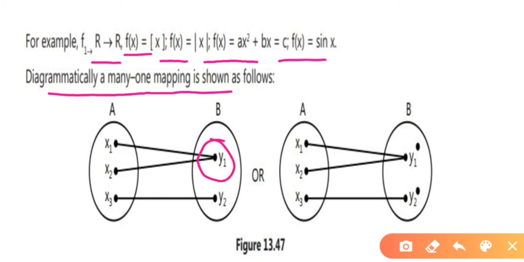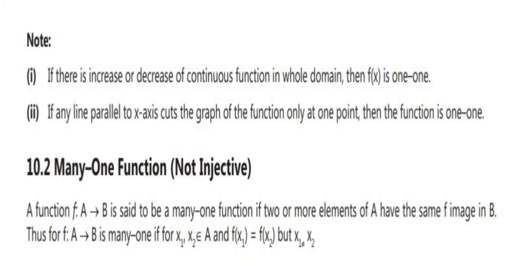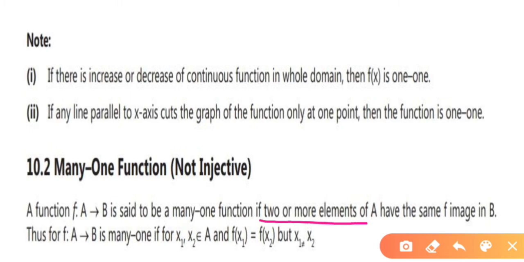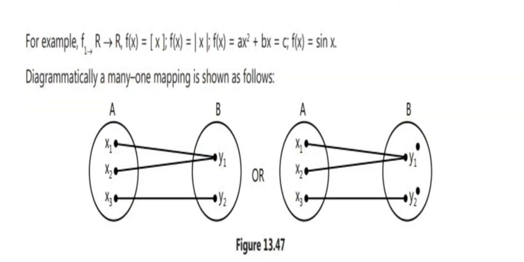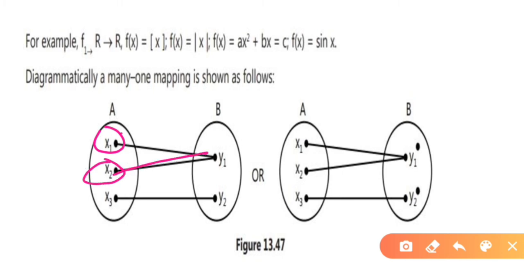What does our definition define here? A function f from A to B is said to be many-one function if two or more elements of A have same f image in B. Two or more elements which have the same image, there should be a common image for both.